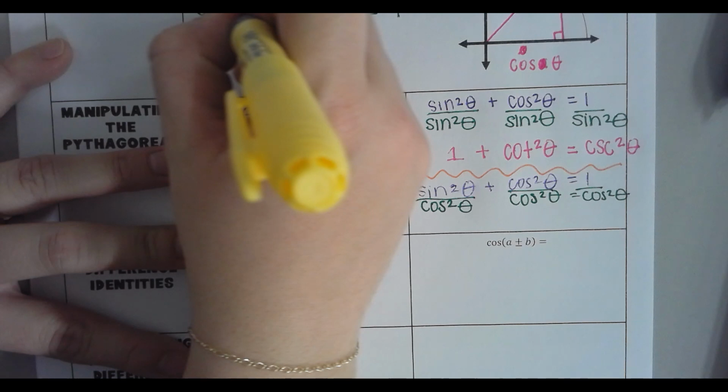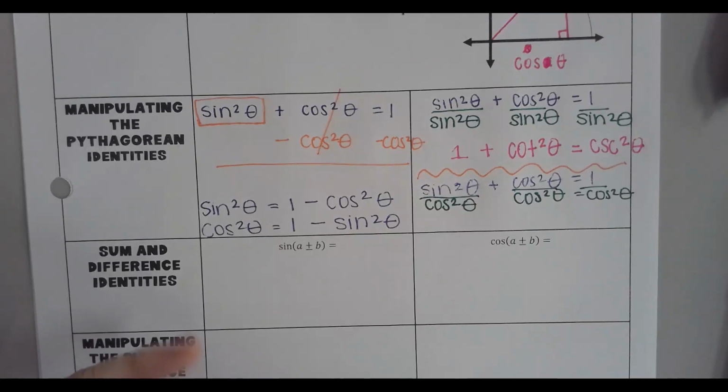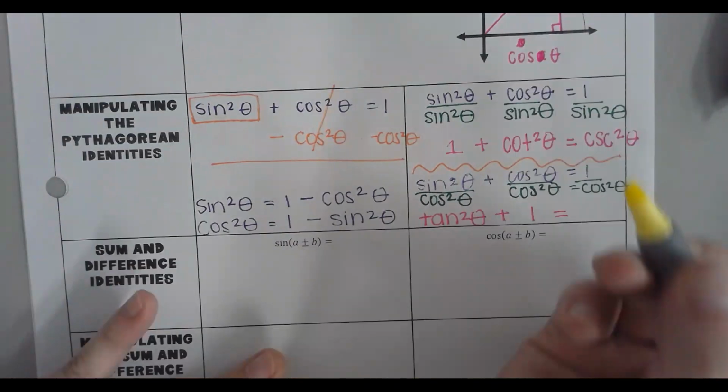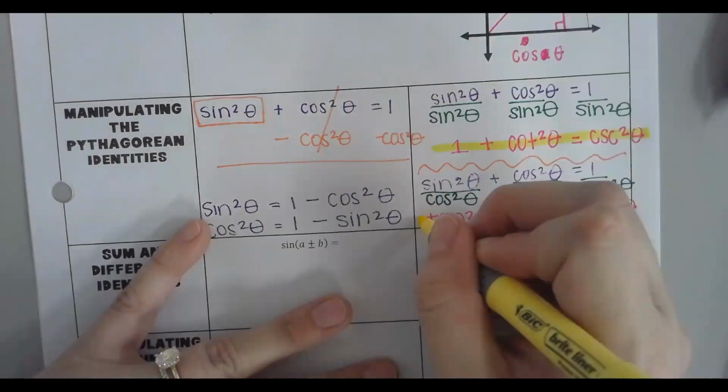Sine over cosine is tangent. So this would be tangent squared theta. And this would be secant squared theta.